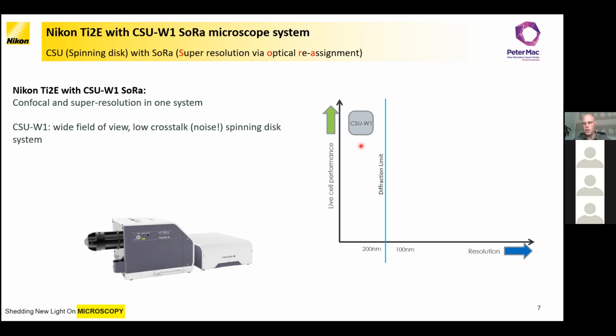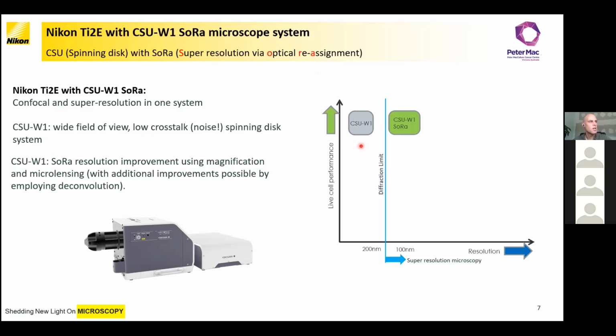So what the Yokogawa team have managed to develop, and what we've implemented into this system here, is what they call the SoRa version of this CSU-W system. This uses a little bit of optical physics, I guess, to increase the resolution capabilities of the system significantly, to the point that they exceed the resolution limit as dictated generally by the laws of physics, although we can't break the laws of physics.